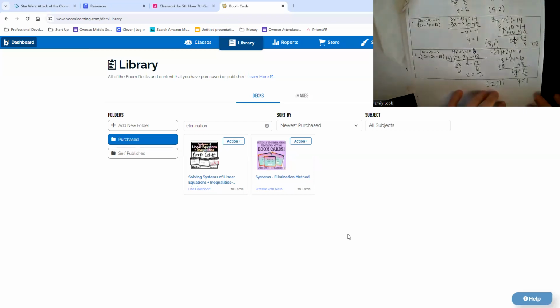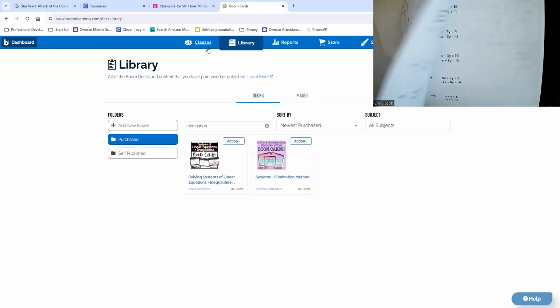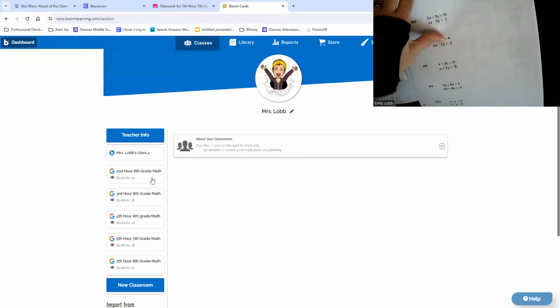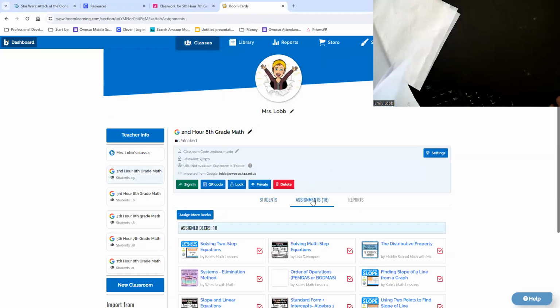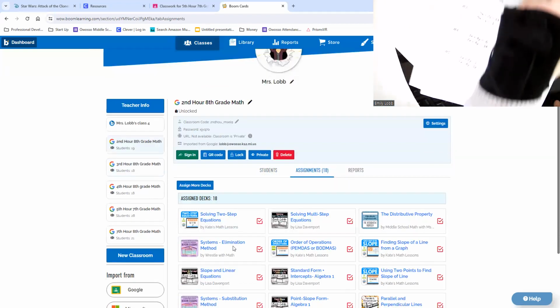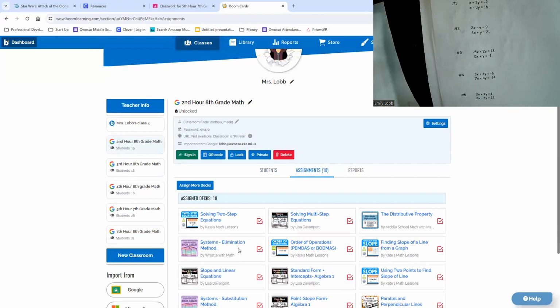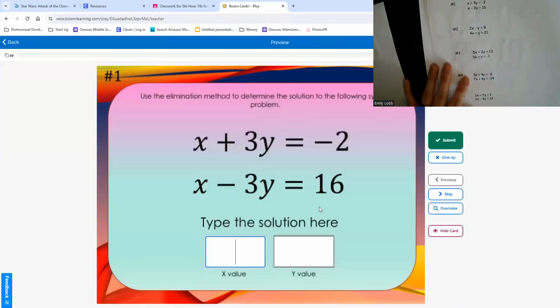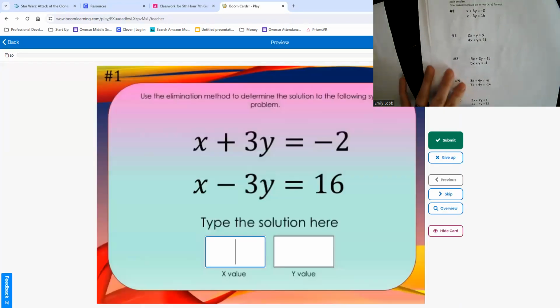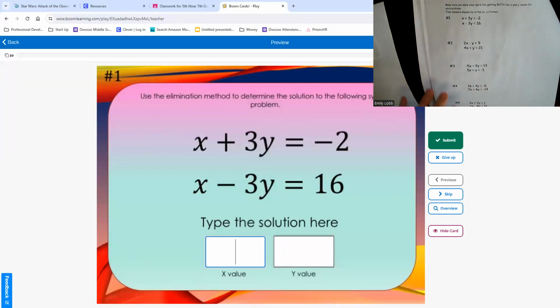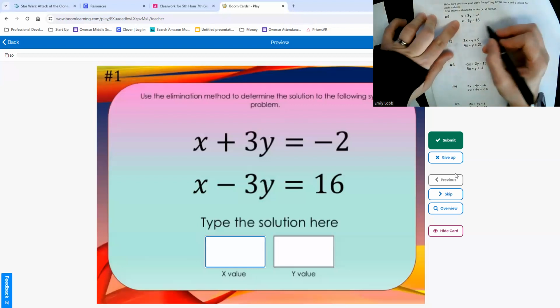We'll do a few together if you would like. I'll just make sure it is loaded there. So under your assignments, you'll see this elimination method. Looks like this. So here's the first one. It's written on your screen, on your paper for you as well.